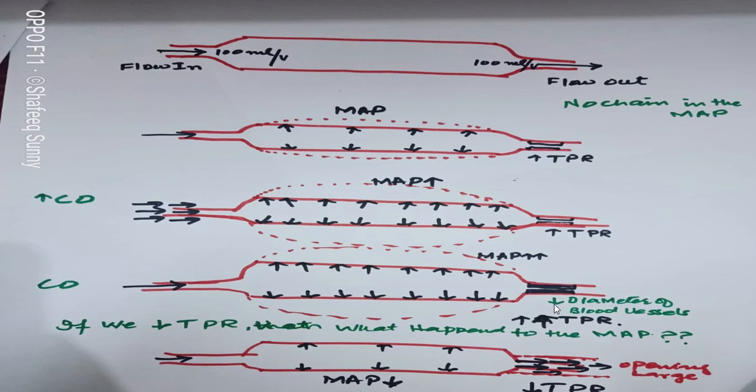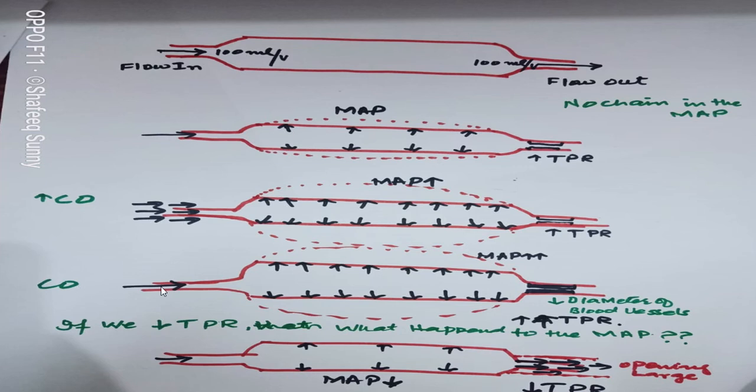In other words, if you decrease the diameter of the blood vessel, the total peripheral resistance will increase. What will happen to the blood vessels? The mean arterial pressure will increase even more because the resistance at the outflow is also increased.